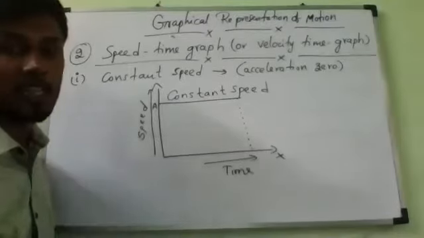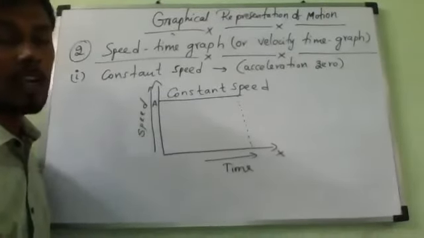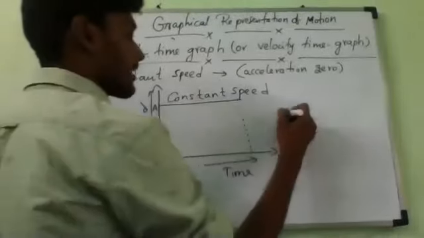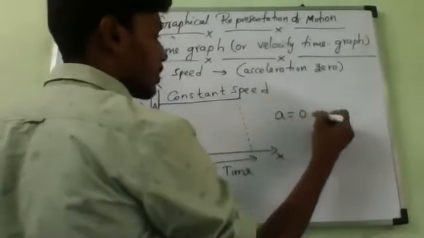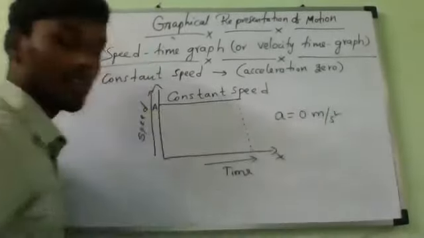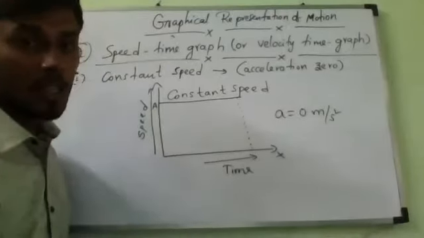So in the speed time graph, when the speed remains constant, acceleration is equal to 0 meter per second squared. There is no acceleration when speed is constant.